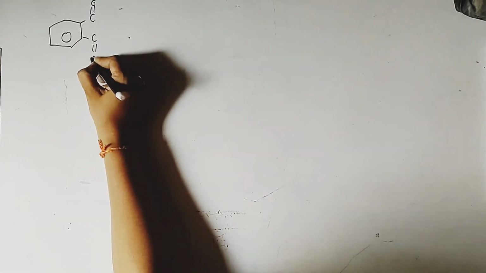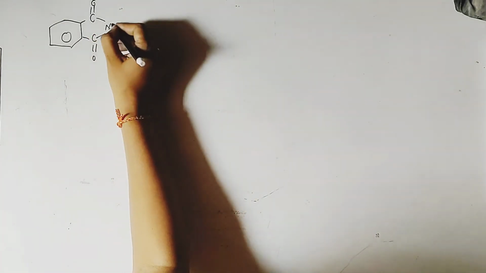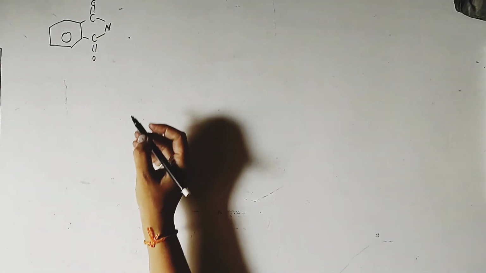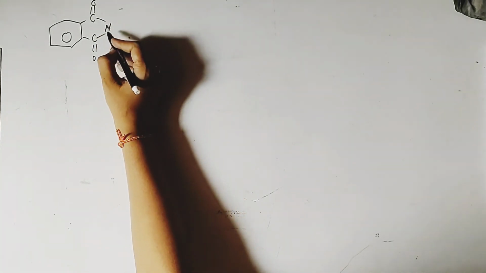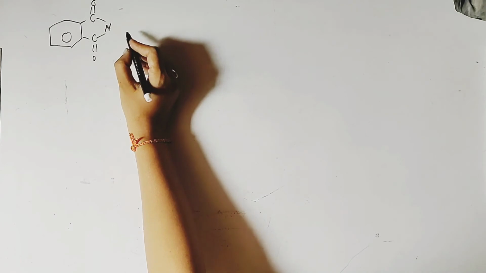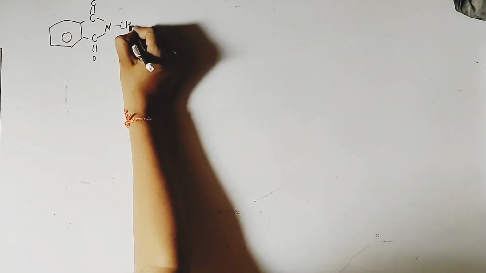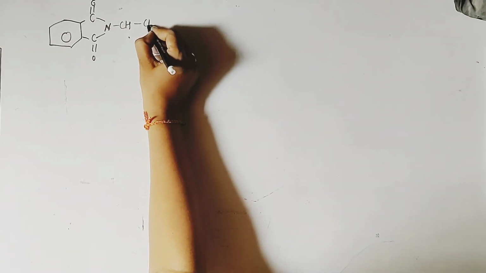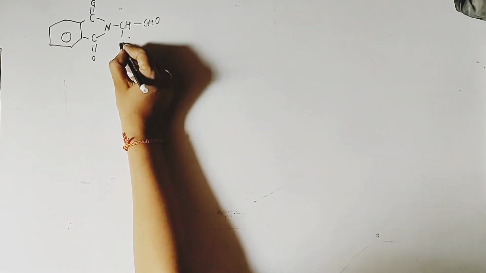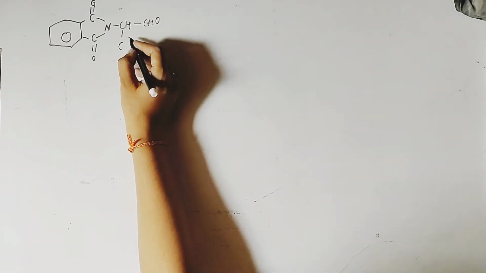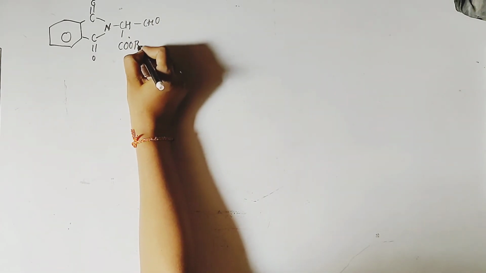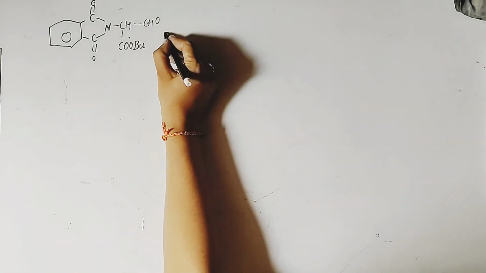This is nothing but the N-protected compound which is required for our further reaction. So here the nitrogen is protected by this group. So the remaining NCH, CHO, and here tertiary butyl COOBu. So now this is going to react with penicillamine.